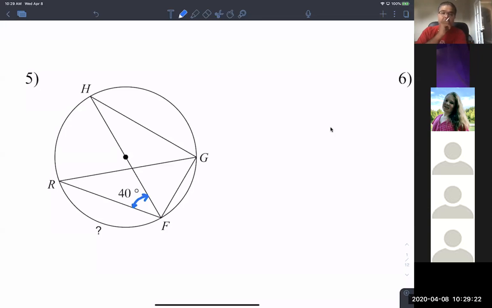I don't even know where to start. Okay, so you're going to have to walk around the circle, if you will. We know this angle is 40, right? Yes. So draw out the angle and see the arc that it is associated with.